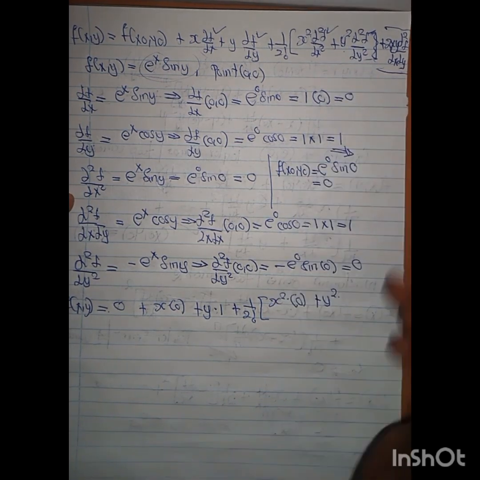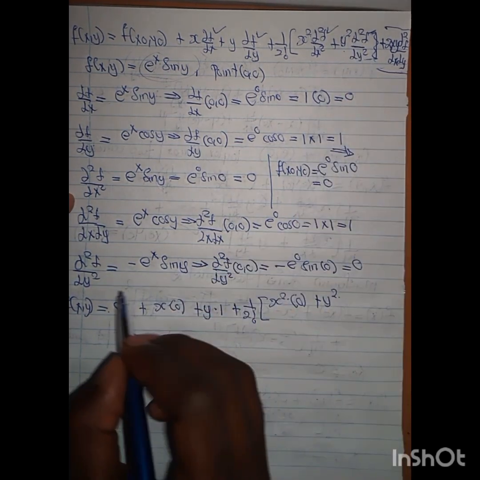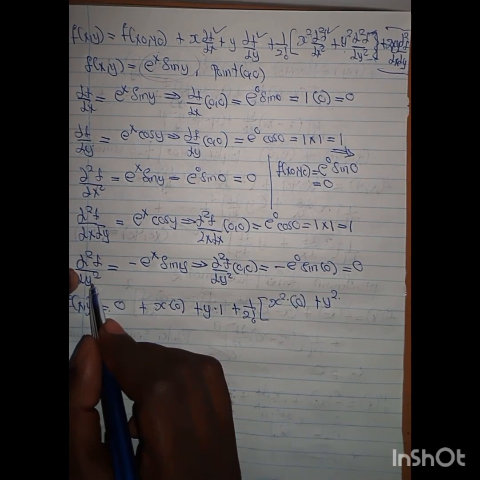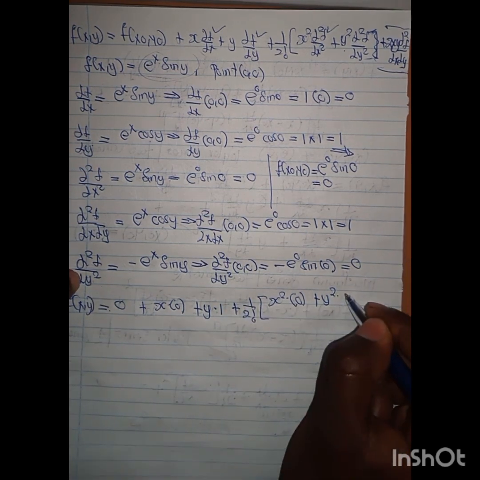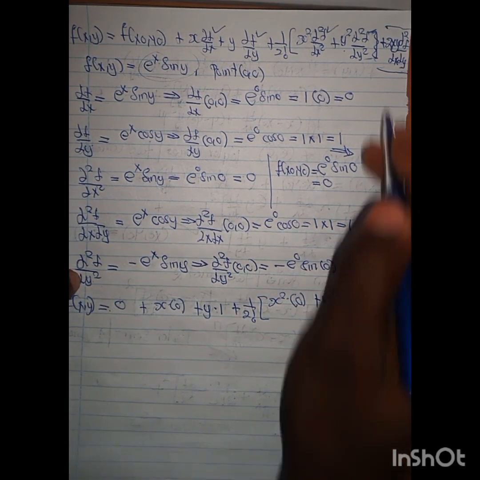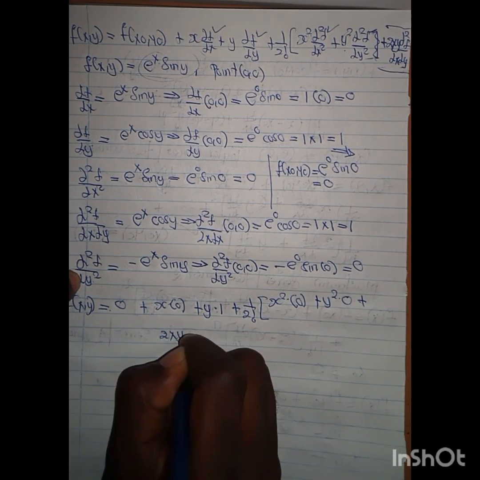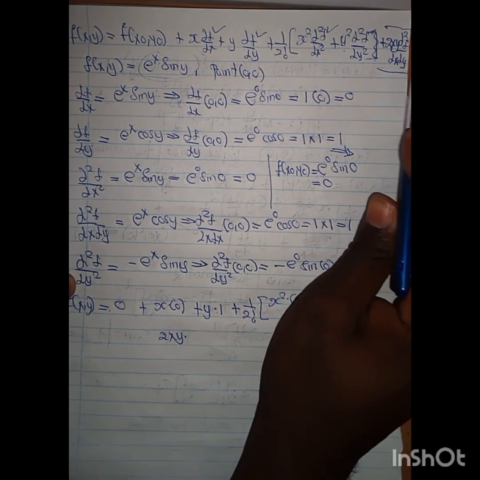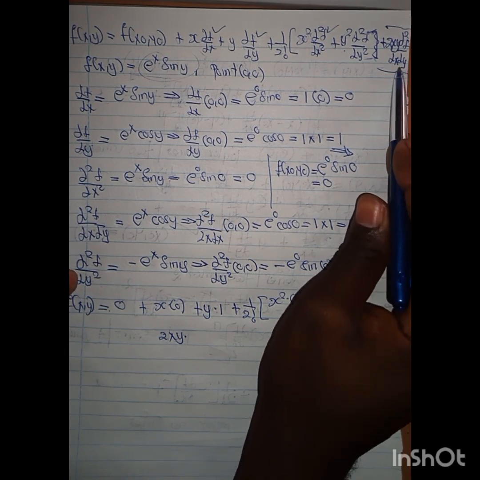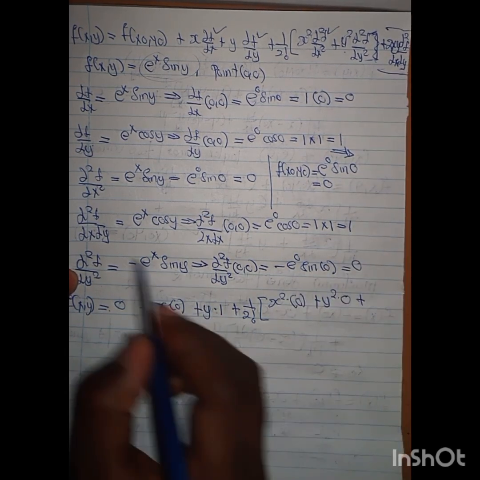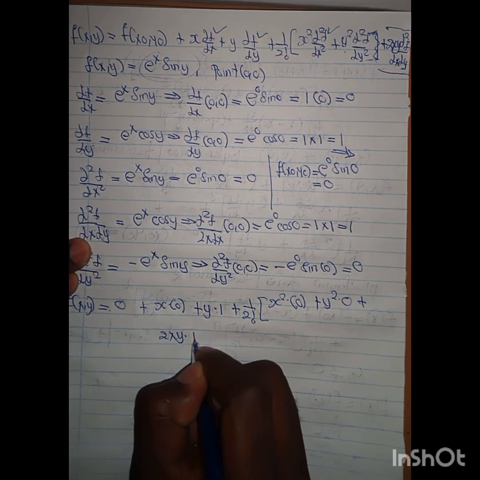So y squared times the second derivative of the function f with respect to y is 0, and then plus 2xy times the second derivative of function f with respect to x, but this time differentiated with respect to y. It is this part. We found 1.